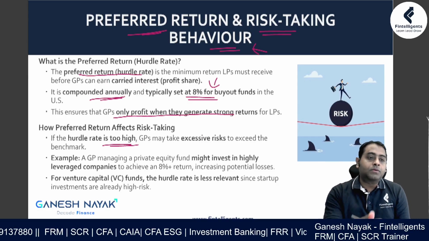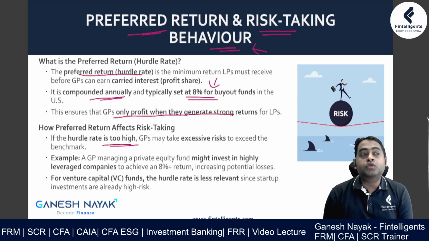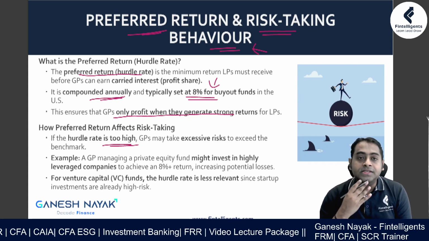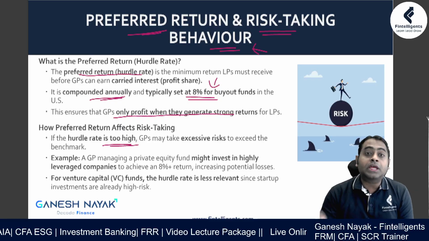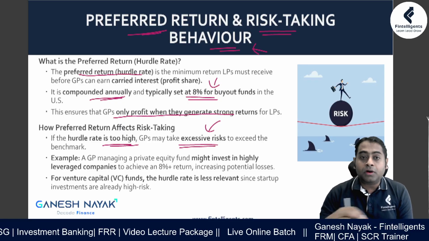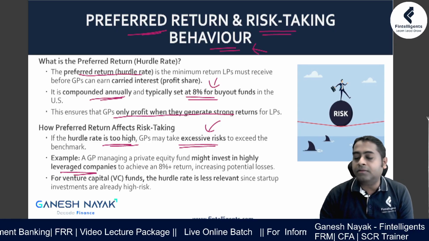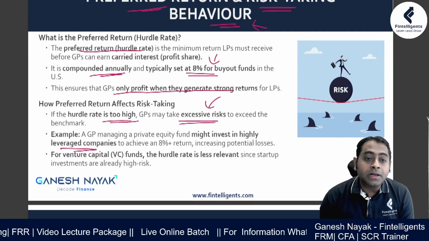Suppose if Shubham or Rahul is the fund manager and I'm saying you have to generate 25% return minimum. Now Rahul is thinking, if that is the case, I'll have to take excessive risk because then only I'll be able to generate excessive return and then only I'll be able to make carried interest, correct? So it will prompt people or fund managers to take excessive risk. Okay, he might invest into highly leveraged companies to break that barrier of hurdle rate.